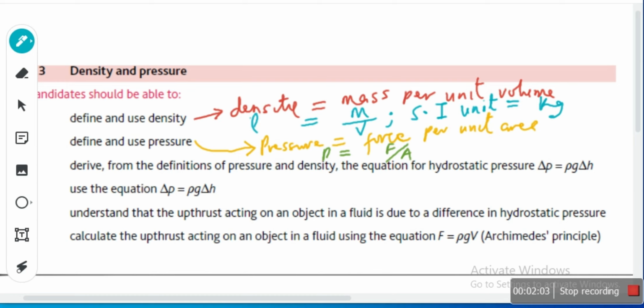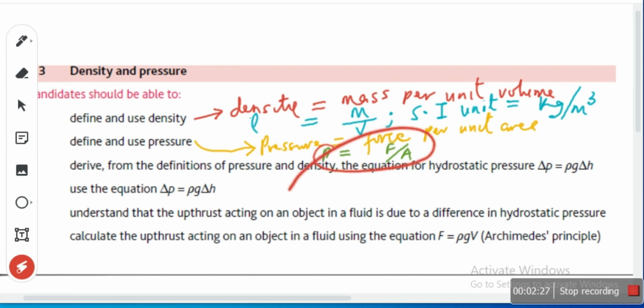Because mass is kg, volume is meter cube. So kg per meter cube, or kg meter raised to power minus 3, if you apply your indices.